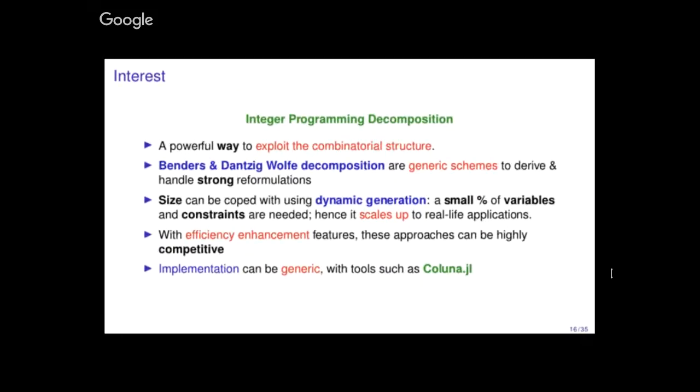So why would you use decomposition approaches? First, you can exploit the structure of a problem, as I showed, and these reformulations can be done through generic schemes like Benders and Dantzig-Wolfe. The size, which a priori seems like a problem, is actually not the hardest problem, because you just generate dynamically these entities as you need them.